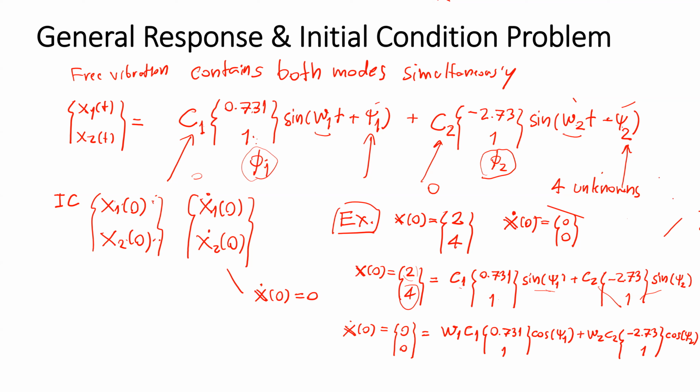So now we have 4 equations: 2 equations from the initial position and 2 equations from the initial velocity. Our unknowns are C1, C2, and just the phase shift.